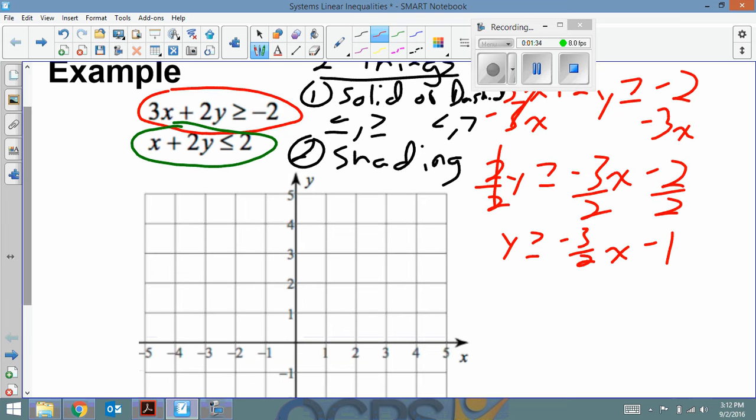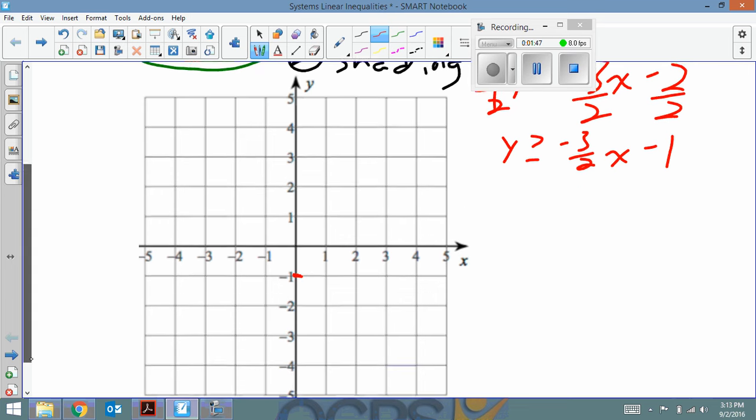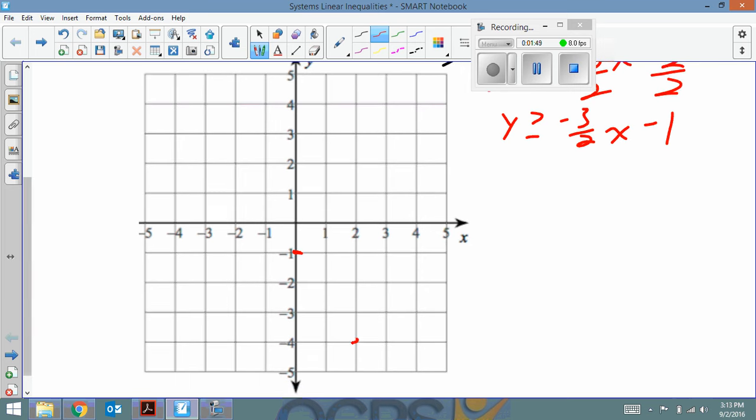Okay, so our y-intercept here is at negative 1, so we're going to graph negative 1. Let me scroll down a little bit. From there, it means we're going to go down 3, 1, 2, 3, to the right 2.